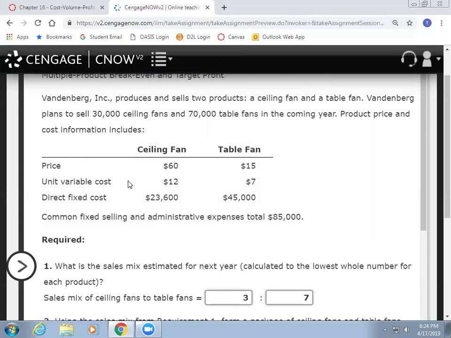I would do the same for the table fans. The table fans have a price of 15 and a variable cost of 7, so they have an $8 contribution margin.